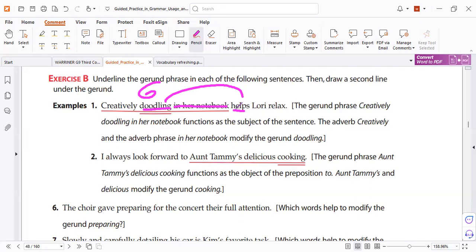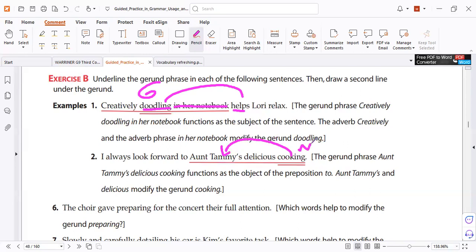What helps Lord relax? Again, Aunt Tammy's delicious cooking. So cooking of Tammy.